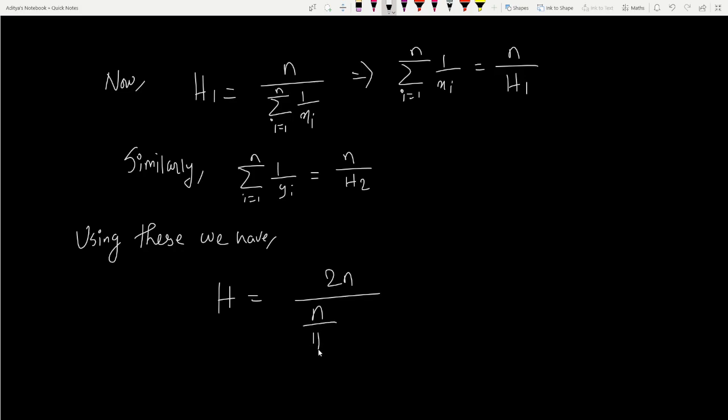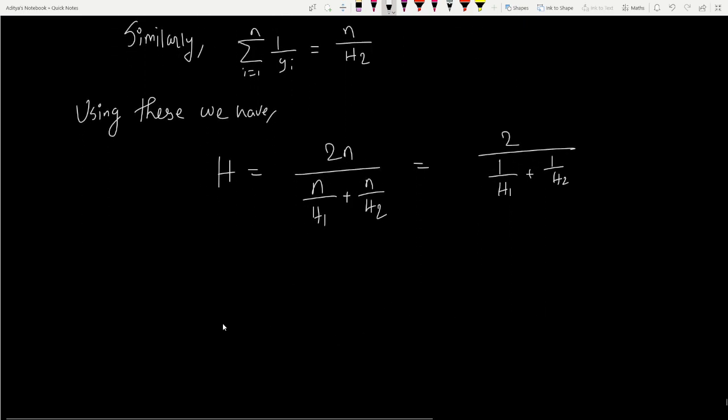So we have n by h1 plus n by h2, and then the n cancels and we simply get 2 by 1 by h1 plus 1 by h2, which is basically the harmonic mean of the two harmonic means.